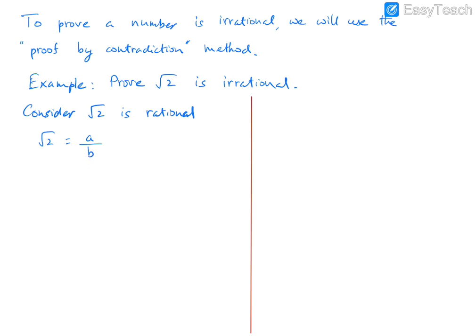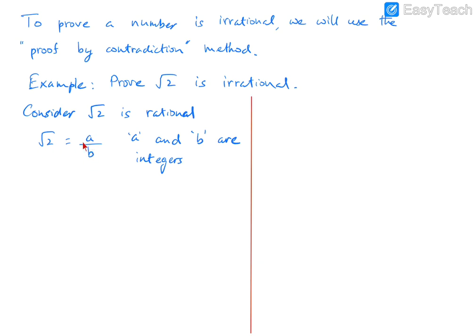So a and b are integers, and a and b have no common factor between them other than the number 1. That means we have reduced this ratio such that a and b have only 1 as a common factor. That means a and b are co-prime.